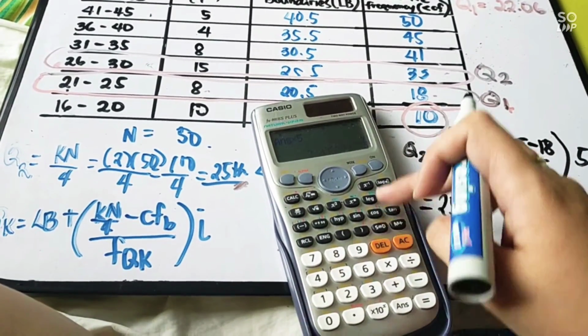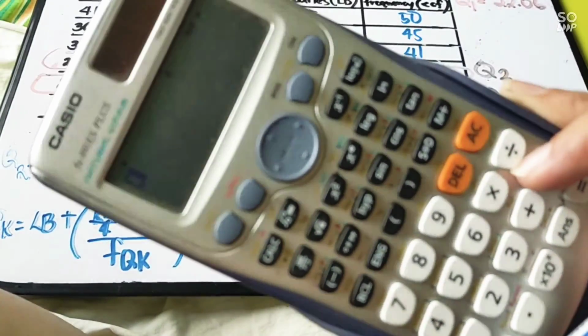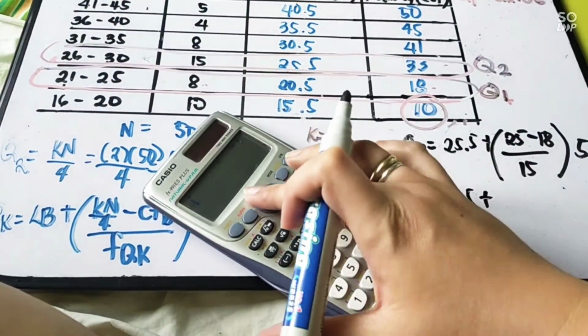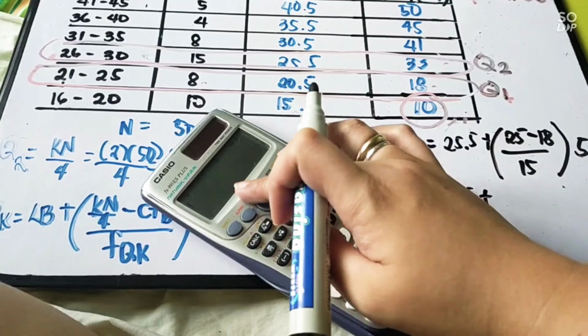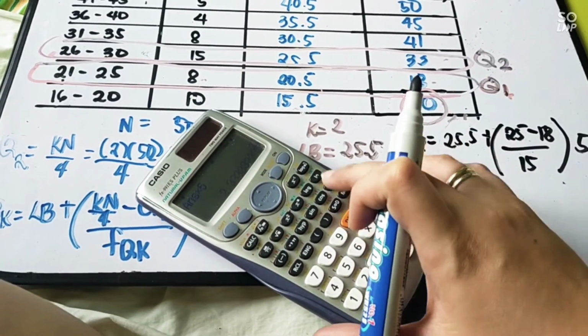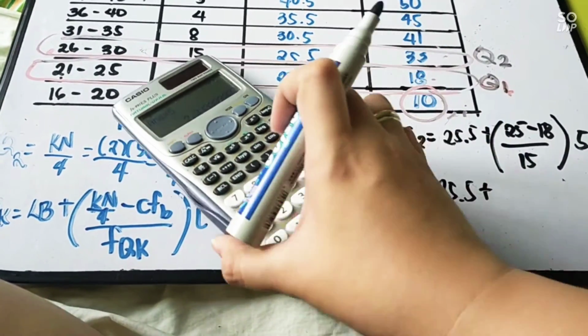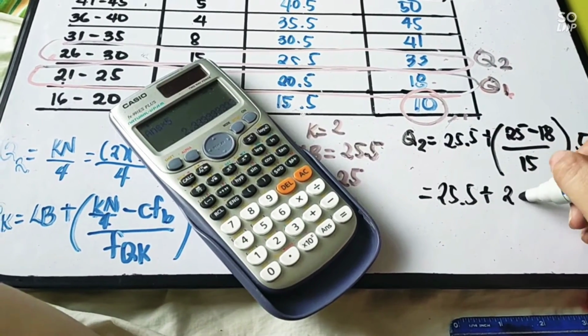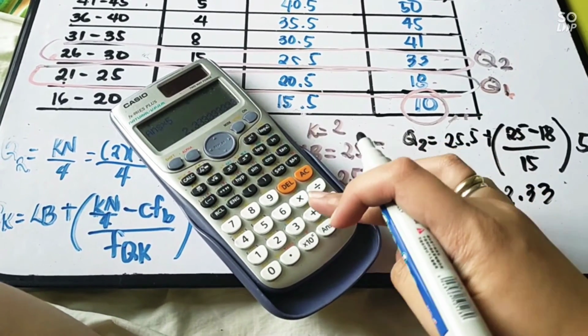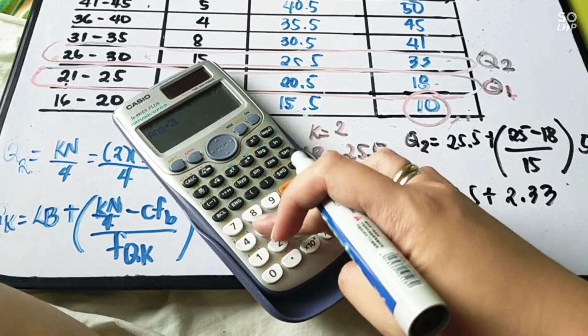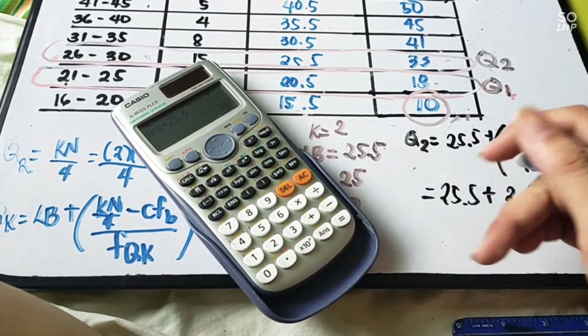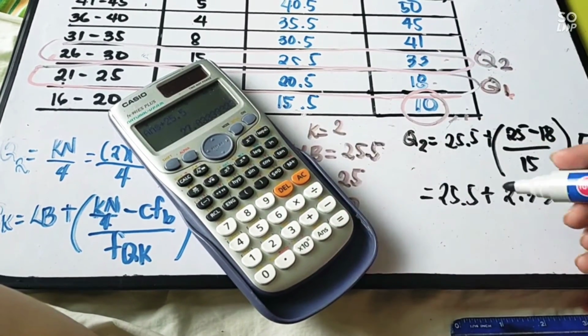So, ang sagot po ay, the answer is 2.33. So, plus 2.33. Then, add mo lang si 25.5. The answer, we have 27.83.